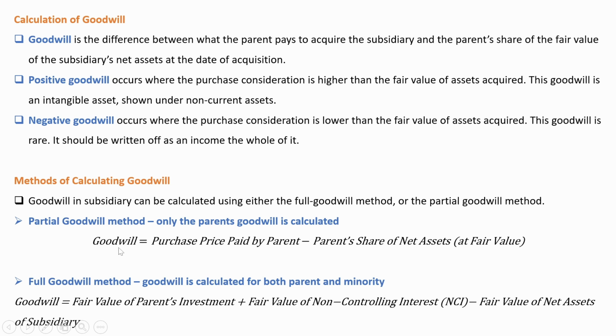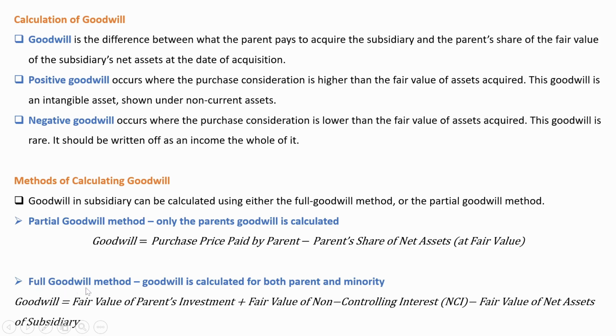In this case, we take the purchase price paid by parent, then we deduct the parent's share of net assets. So if the parent has acquired 80% of the subsidiary, then we take the net assets of the subsidiary, we multiply them by 80%. So we take the share of the parent.